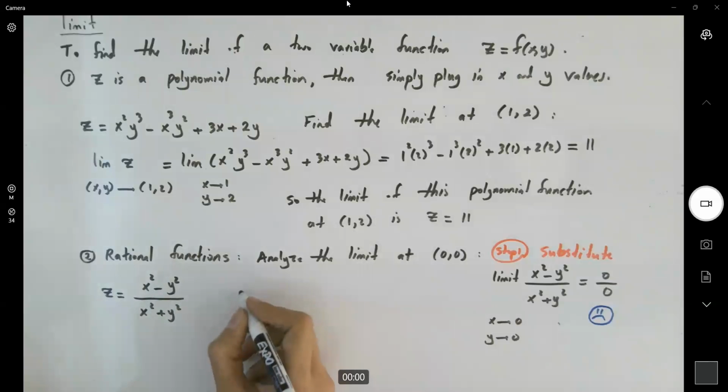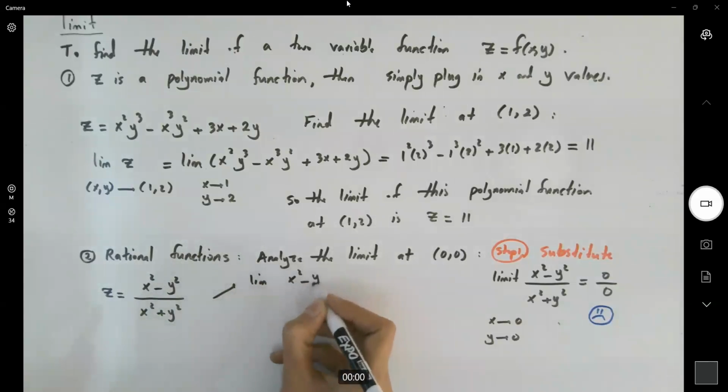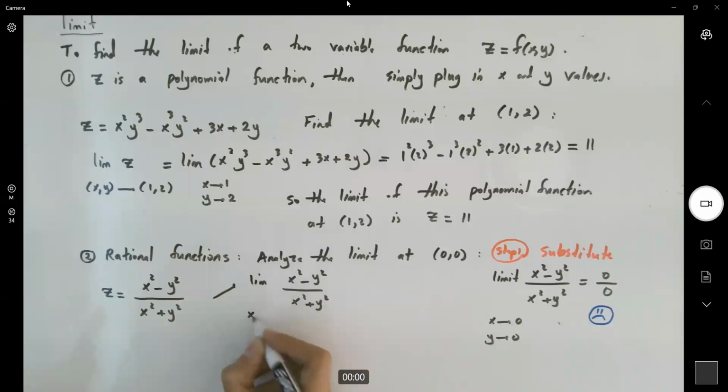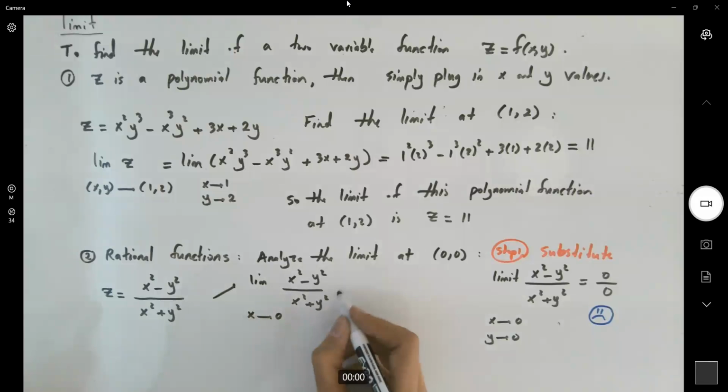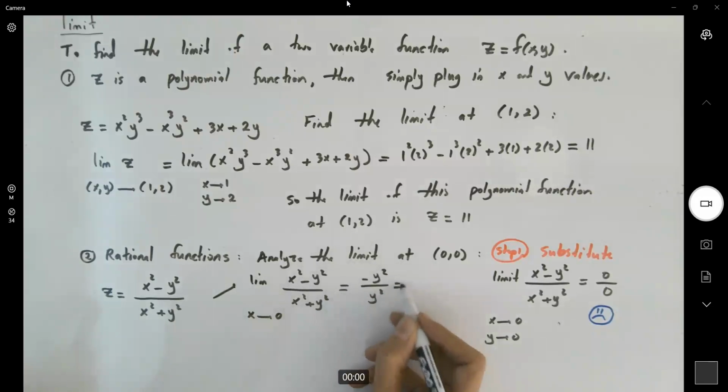The limit of x squared minus y squared divided by x squared plus y squared. X approaches 0, and I'm going to fix my y. I'm going to later on send my y to 0. For now, I'm just plugging 0 here. This is going to be negative y squared over y squared. After simplification, I get negative 1.